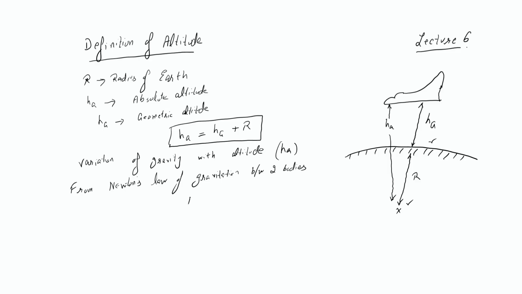I'm sure you must have seen this equation, Newton's law of gravitation: F equals G m M, that is between the two bodies, divided by r square. G is the gravitational constant.